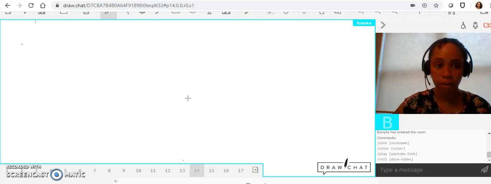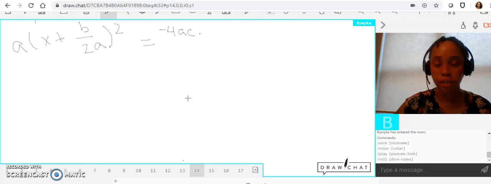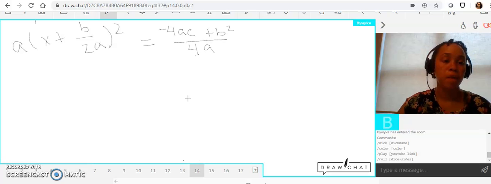I have, again, a times (x plus b over 2a) squared is equal to (negative 4ac plus b squared) all over 4a. So the first thing that I need to do is divide by a, because I want to solve for x. This a is the first thing that's getting in the way, right?